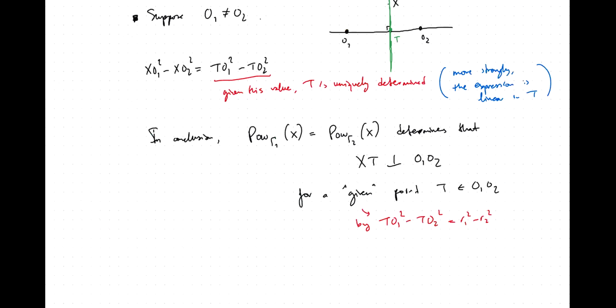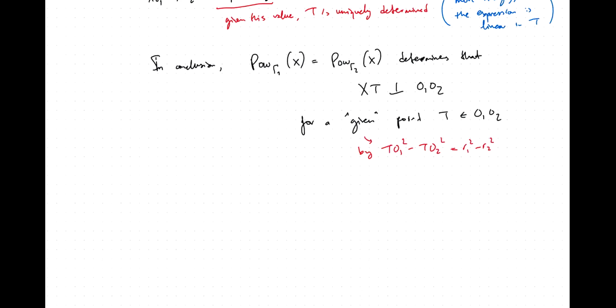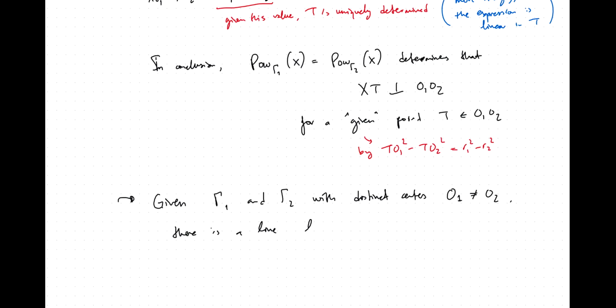So let me write this like this. Given gamma 1 and gamma 2 with distinct centers O1, O2, there is a line L, which is perpendicular to O1O2.